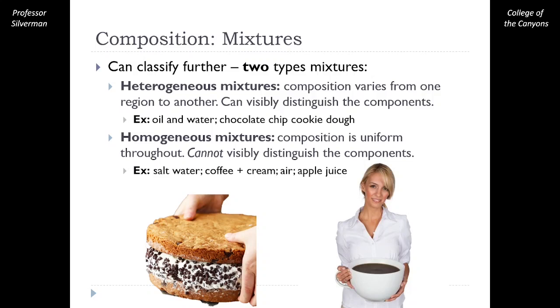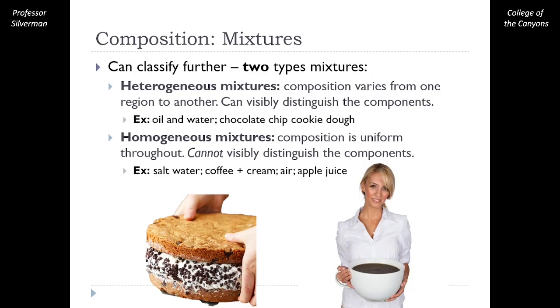Switching back to our mixtures, we can again go a step further and classify our mixtures in 2 different ways. The first type of mixture is known as heterogeneous mixtures. In our heterogeneous mixtures, our composition is not uniformly mixed.